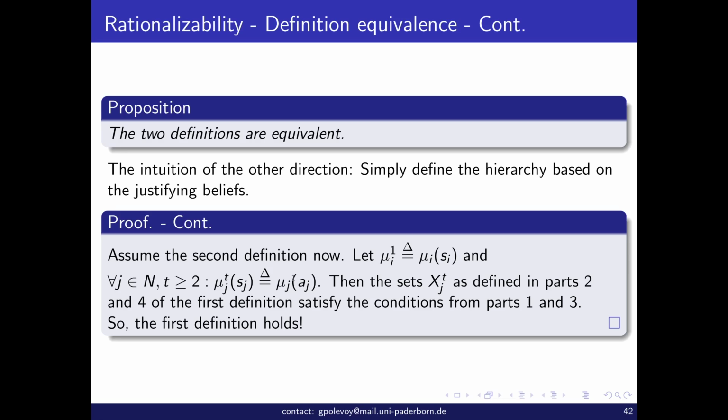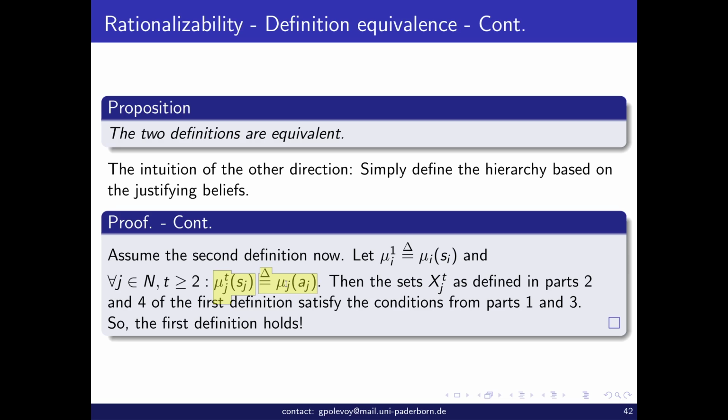So to be exact, we assume the second definition, and let mu1i, the probability distribution which justifies this action, which we claim is rationalizable, be the mu i of Si, the one which justifies Si. And at any further nesting level, the mu of level t, which justifies Sj, be just mu that justifies Sj. It's going to be the same for all the levels.